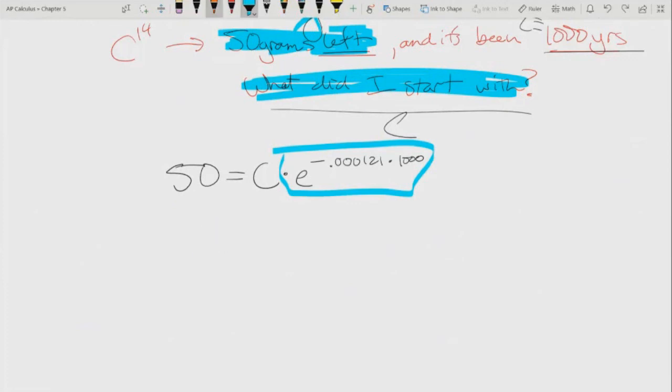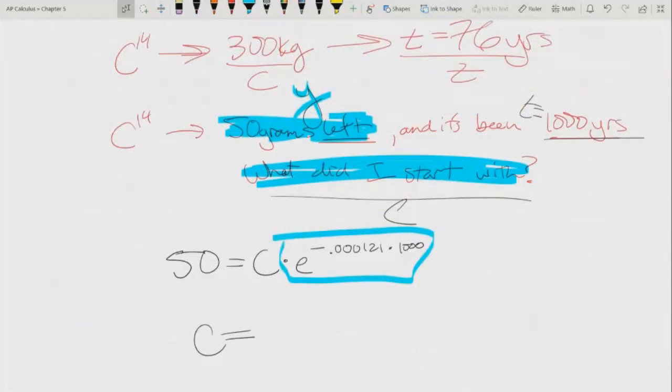A C value of, what'd you get? And remember, this is how much we would have started with. So it makes sense. It should be bigger, right? You'd expect it to be a larger quantity than what you started with. So if you get a smaller quantity, you did something wrong. I mean, you could do a little bit of quick math in your head too and be like, well, if the half-life is, sorry, 5,730 years, we've only gone 1,000.